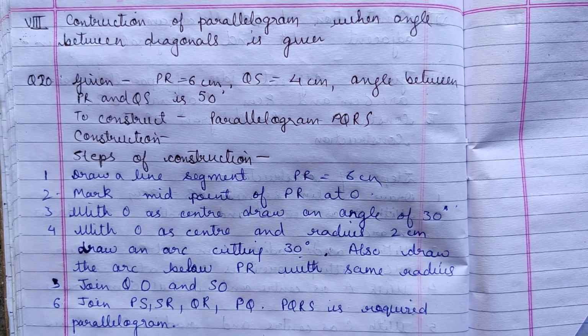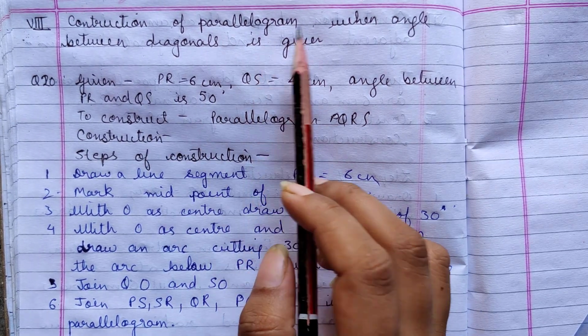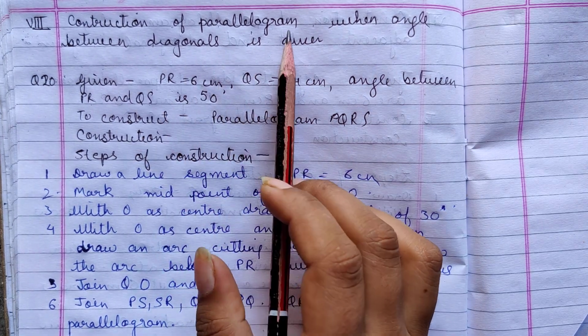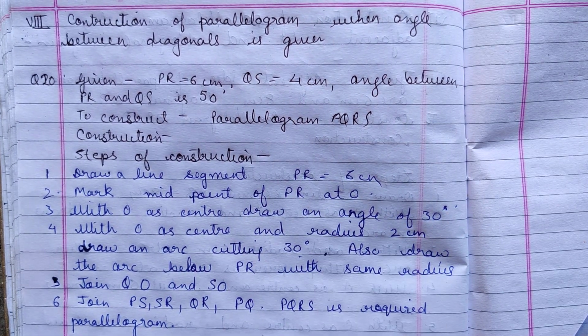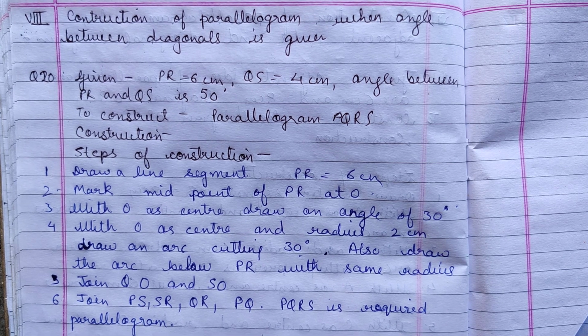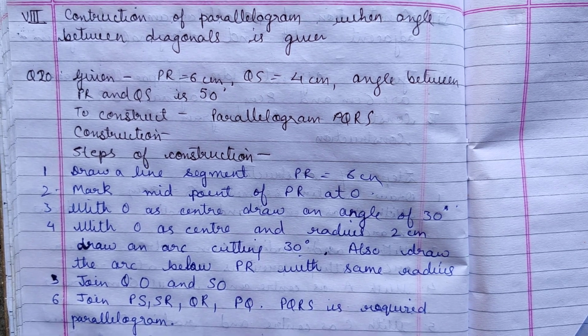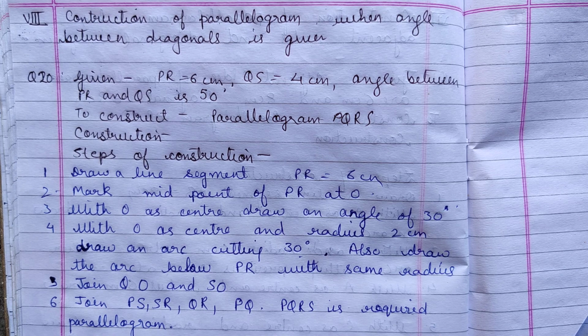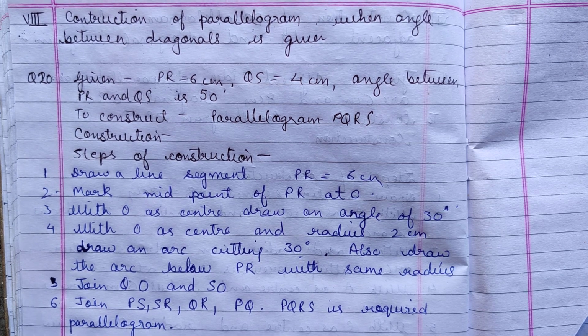Next type is construction of a parallelogram when an angle between diagonals is given. This is the same as the type where you constructed the rhombus and two diagonals were given. There the angle between the diagonals was 90 degrees because the diagonals of a rhombus bisect each other at 90 degrees.